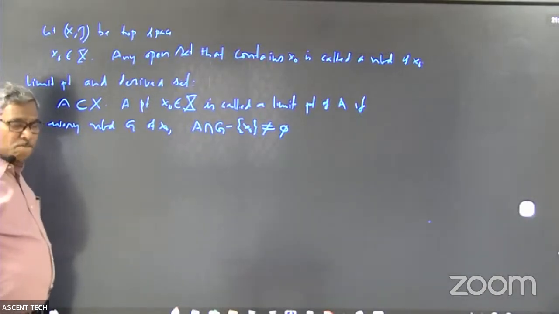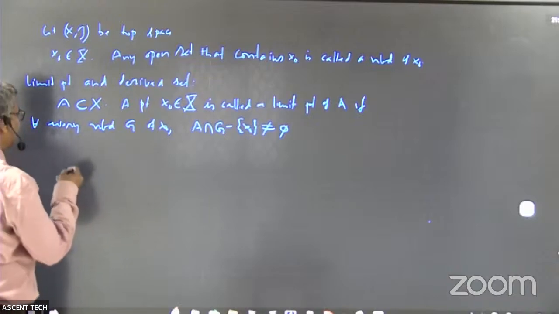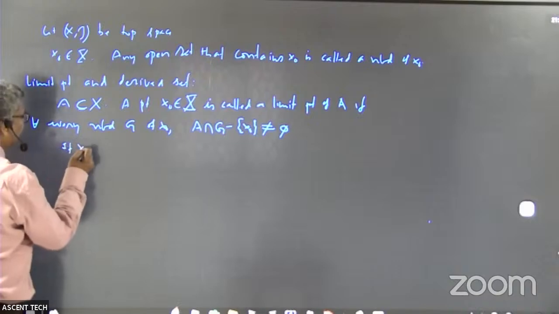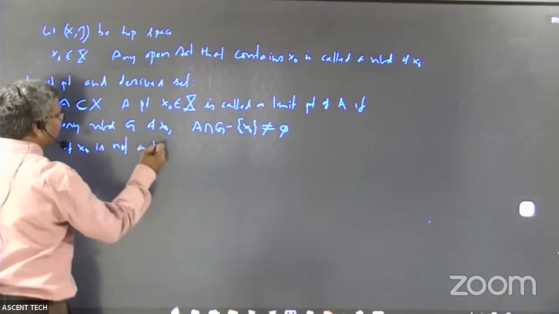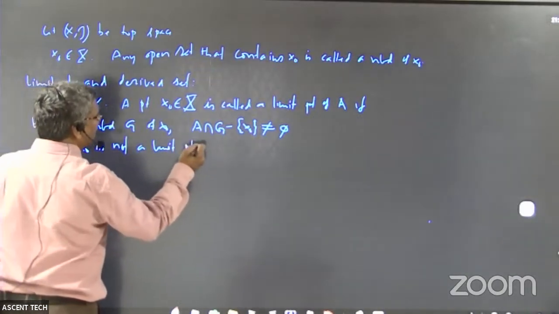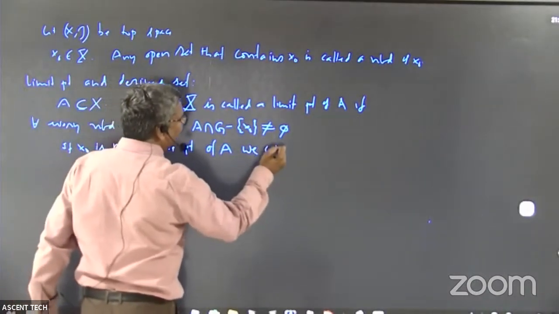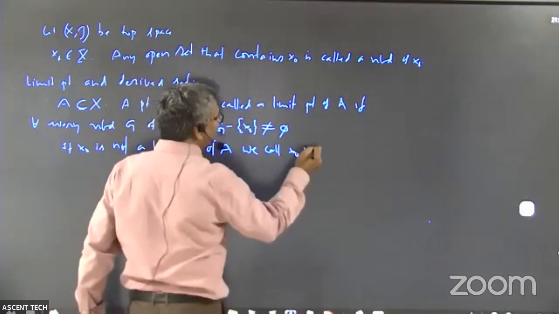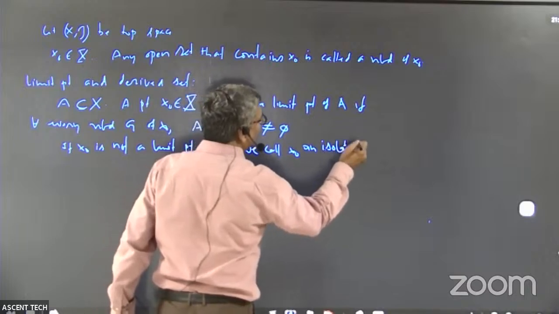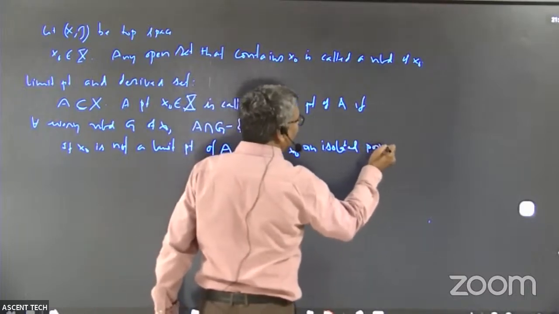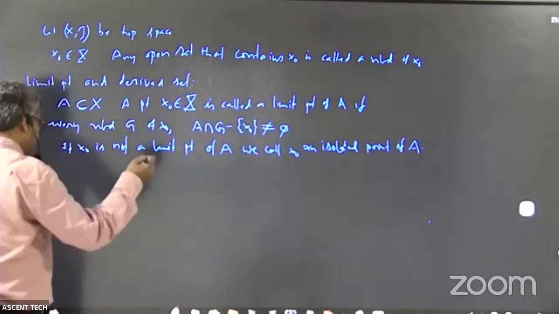Okay, you'll see what it means. In case x naught is not a limit point of A, we call x naught an isolated point of A. We'll give you examples.